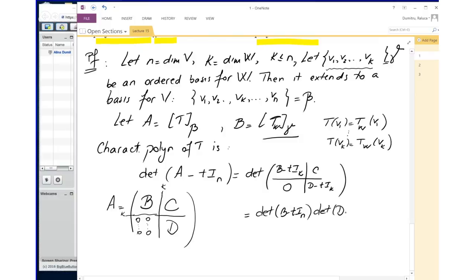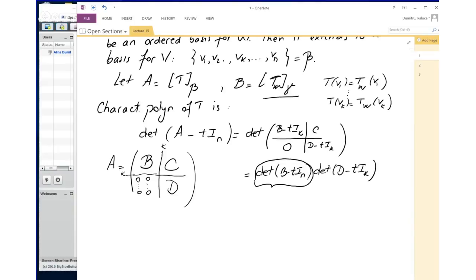I don't think it's there yet, but the determinant of a block matrix that looks like this is the product of the determinants of the matrices on the diagonal. Okay, but this thing here is in fact the determinant of who was B. It was the matrix of T_W, the restriction, in the basis gamma. And by the way, this is not I_n here. You agree? It's I_k.